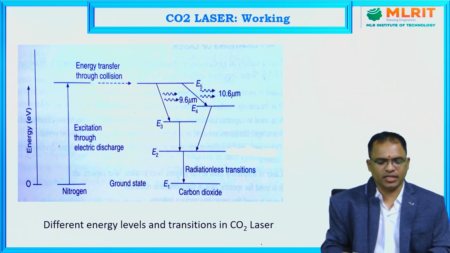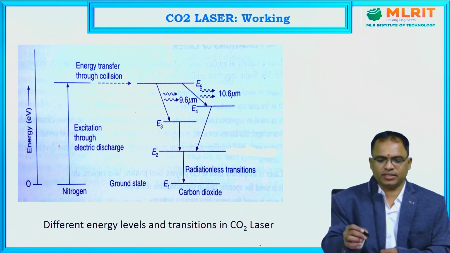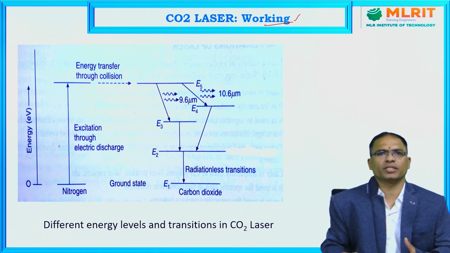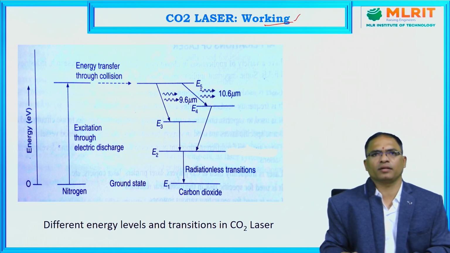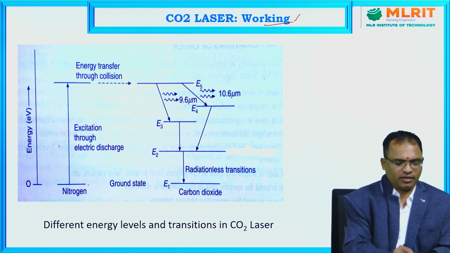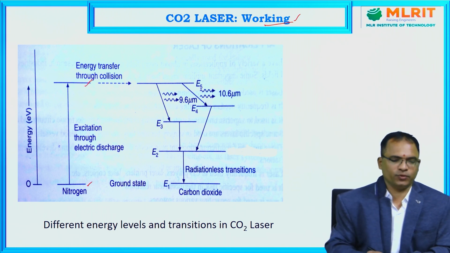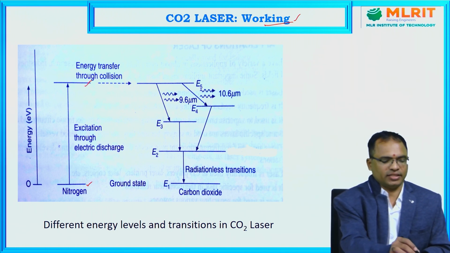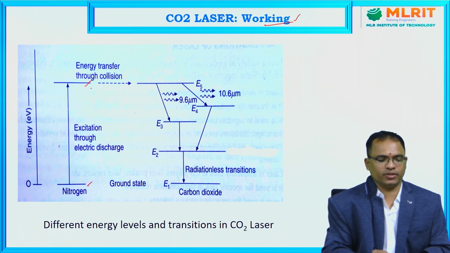Using this energy level diagram, we are going to discuss how a CO2 laser works and how it is capable of producing output radiations. Now see here, these are the energy levels of nitrogen. This is the ground state energy level of nitrogen and this is the excited state of the nitrogen molecule.